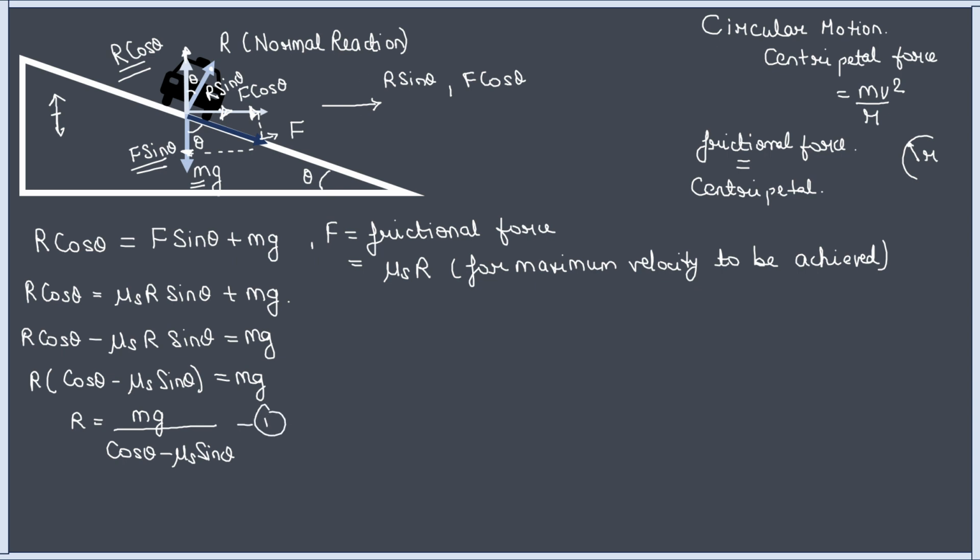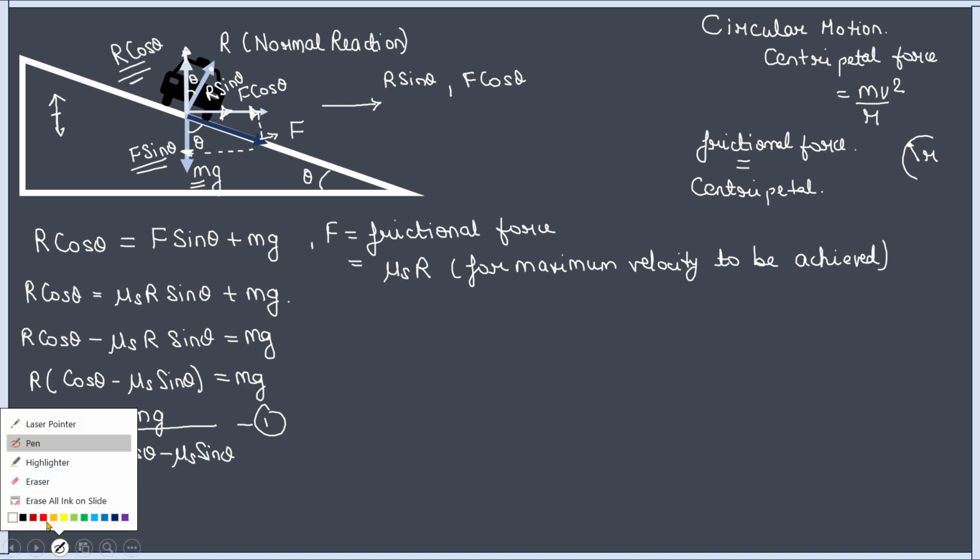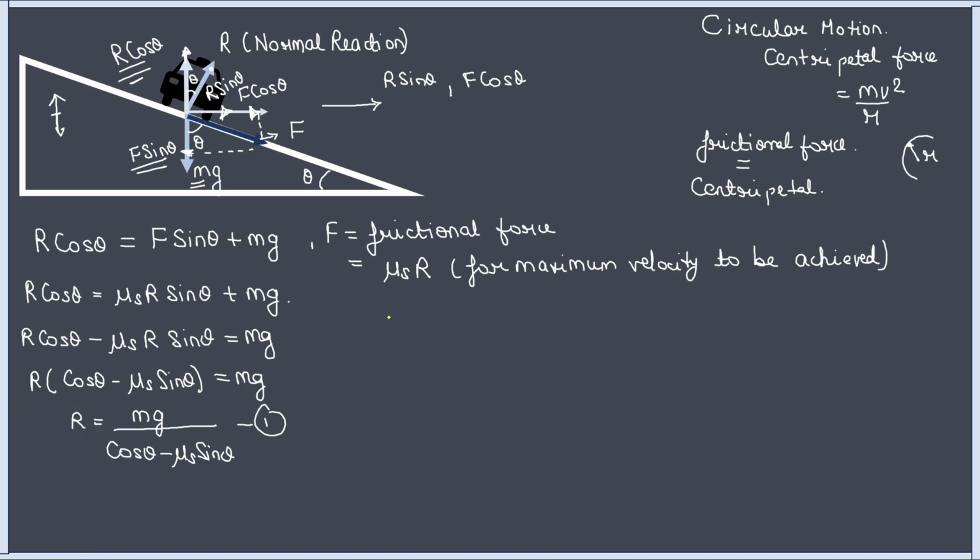Now we have equated two force vectors, that is r cos theta, f sin theta, and mg, which is acting downwards. Now we'll equate the other forces as well. We'll choose yellow for this.